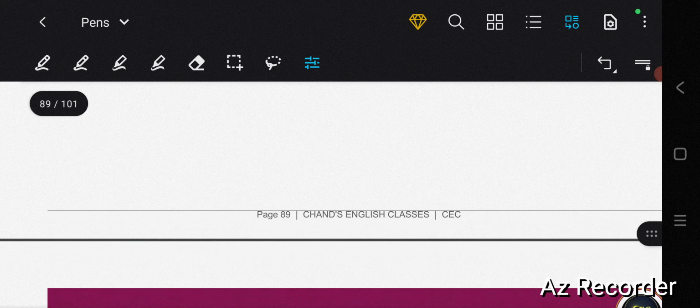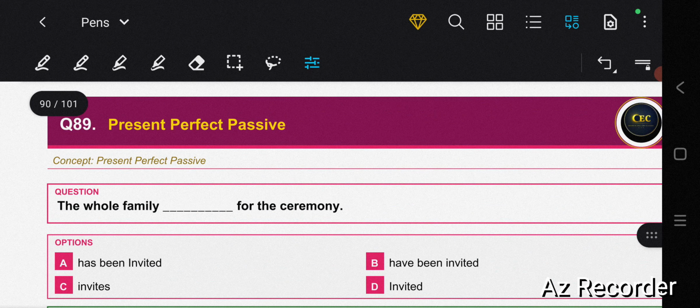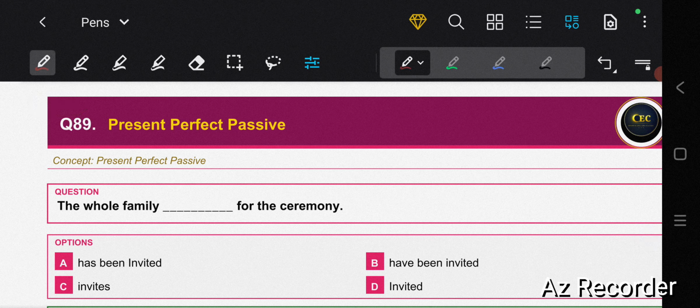Now the question number 89. Present perfect passive. We have to find out the present perfect and passive formation for the gap, as has been given. The whole family is invited for the ceremony. Has been invited, have been invited. So invites, invited. Whether it's perfect or not, option C and option D will be easily eliminated.